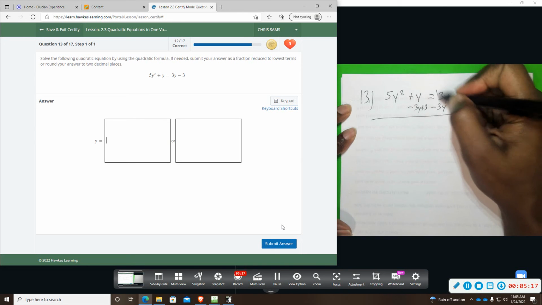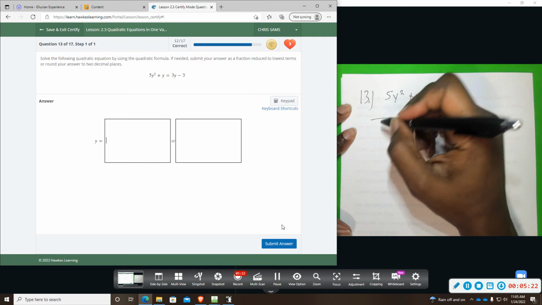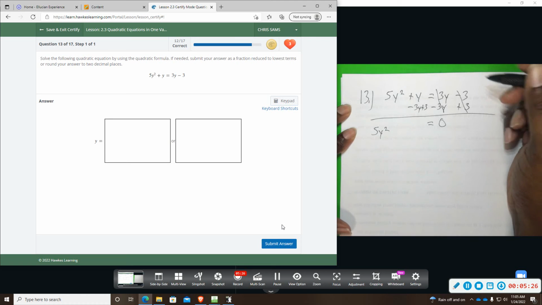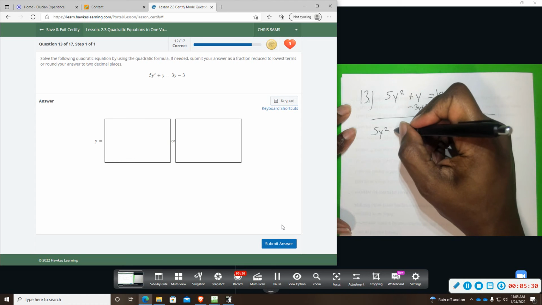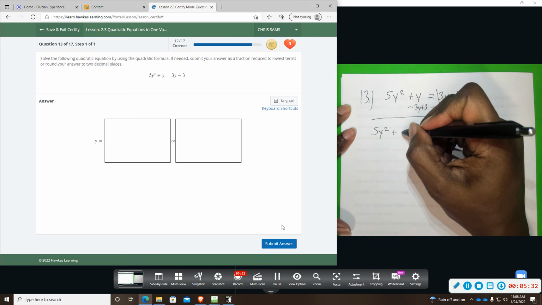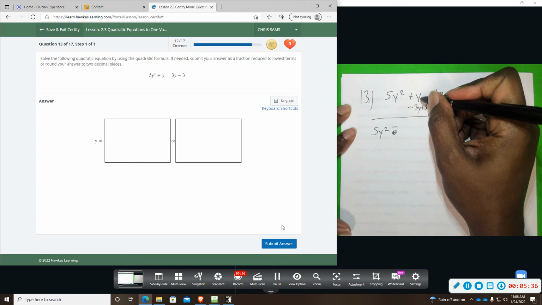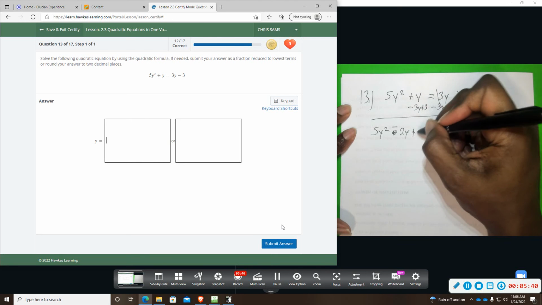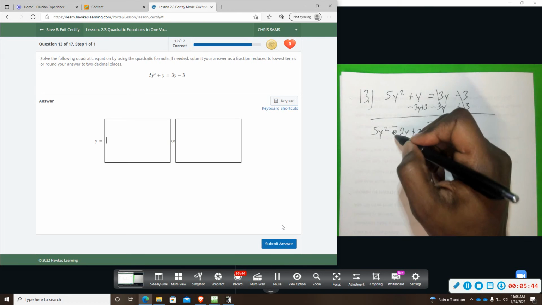So the 3y cancels out, and on the right side we have 0. Over here, 5y squared minus 2y plus 3. So now this is in standard form.